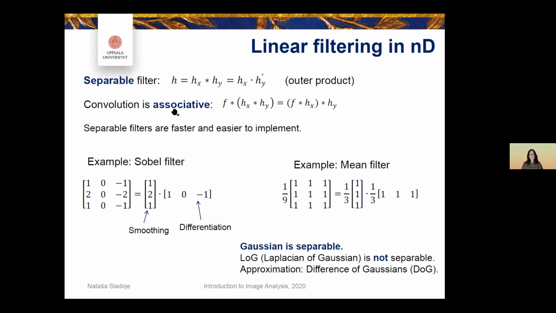Then I can use associativity of convolution and first apply one 1D filter on my image and then follow that by application of the other 1D filter. Why is that good? The number of operations performed in these two implementations of the same operation differ, and it is faster and sometimes easier to implement filtering where separability of the filter is used.